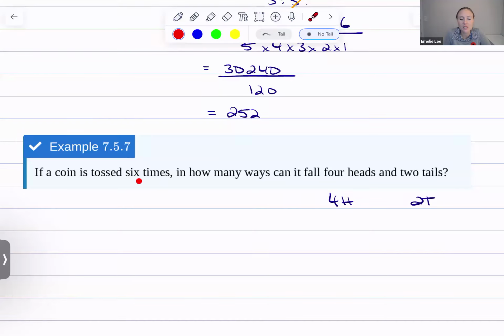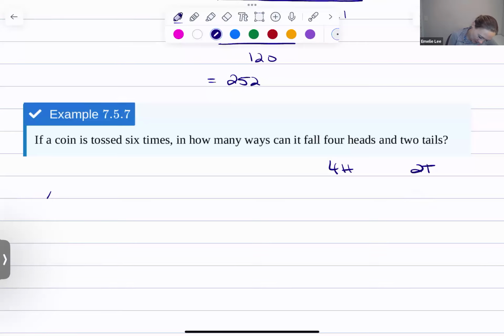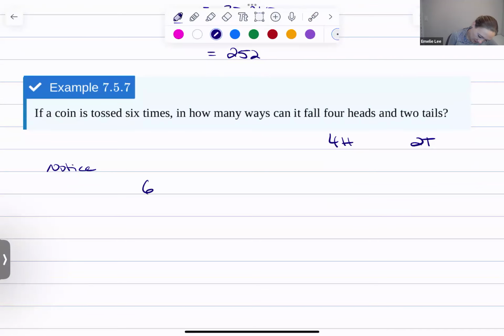If I toss it 6 times, and I force 4 heads, right? So from 6, I choose 4 to be heads. Then, of course, if only 4 are heads, then 2 have to be tails, right? And so what we'll find is that we'll notice that we could do 6 choose 4 versus 6 choose 2. Let's do them side by side.